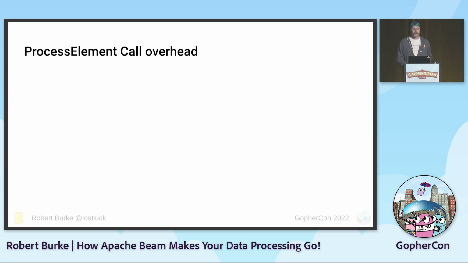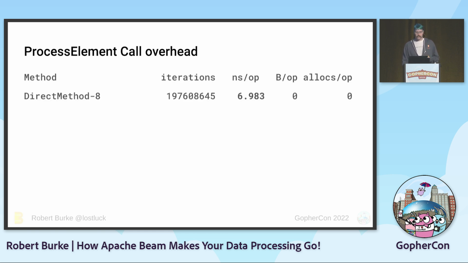To get a clear overhead measurement, we need a baseline. So here's calling the method directly. On my Chromebook here, it takes about 7 nanoseconds per call. Not bad. This is the minimum Go's compiler will allow us to go for now, at least on my machine right here. This is pretty great.